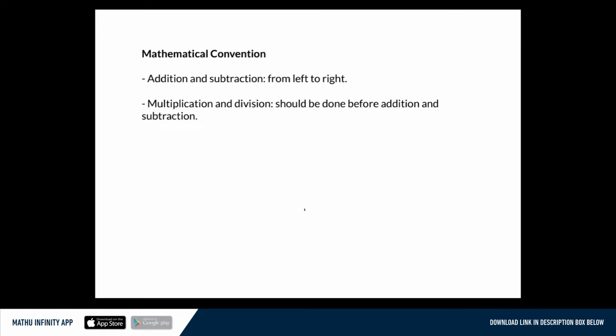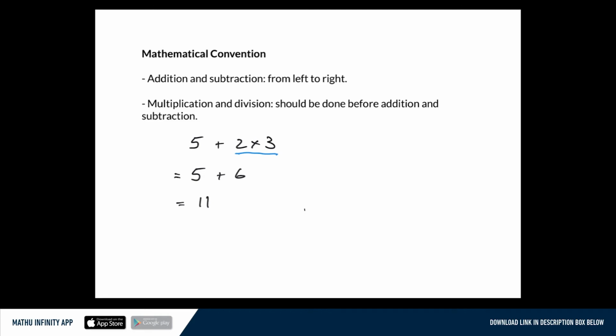So if I have 5 plus 2 times 3, according to the rule here, I have to do the 2 times 3 first, because that is multiplication. So the next step would become 5 plus 6, and that will give me 11.